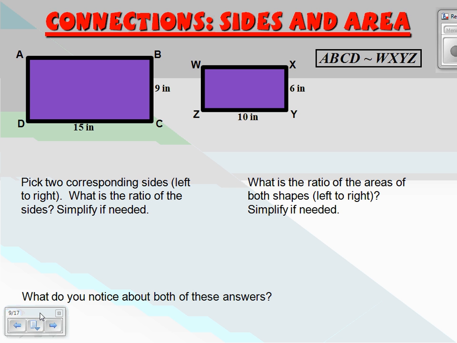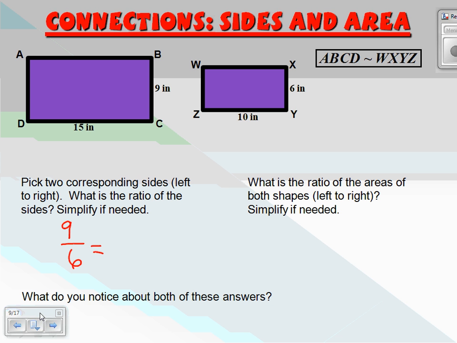So, let's look at the very first question on the left-hand side. It says, pick two corresponding sides, left to right. What is the ratio of the sides? Simplify if needed. Okay. So, I'm going to pick the two smaller ones, 9 to 6.